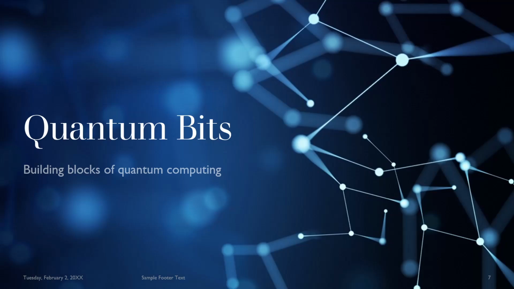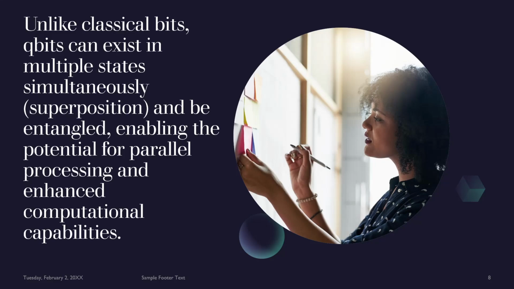And then what are quantum bits? Unlike classical bits, qubits can exist in multiple states simultaneously, which I talked about before as superposition, and can be entangled, which lets you build the structure of the quantum computer.